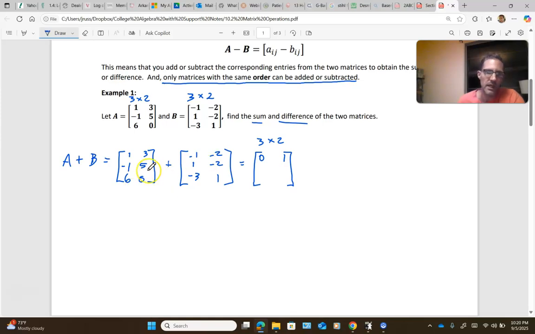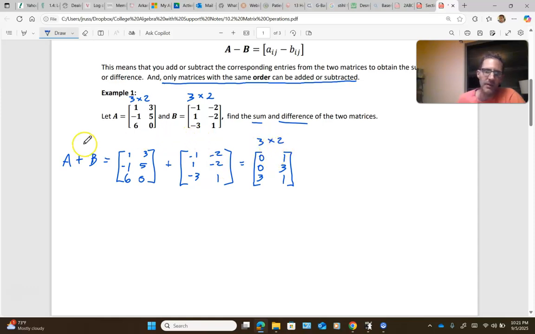Then we move to the second row, we've got -1 plus 1, we get another 0. Then we've got a 5 plus a -2, which will be 3. And 6 plus -3 in the third row will give us a 3. And finally, third row, second column, 0 plus 1 is 1.